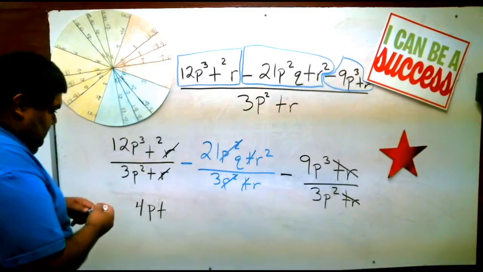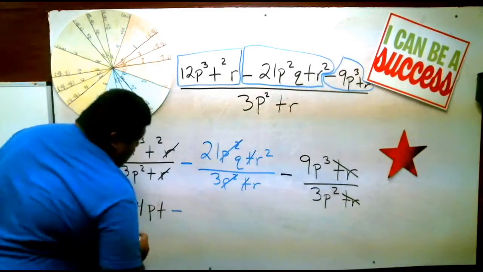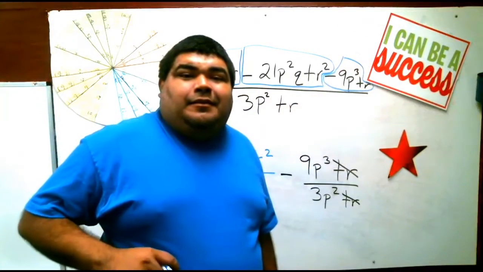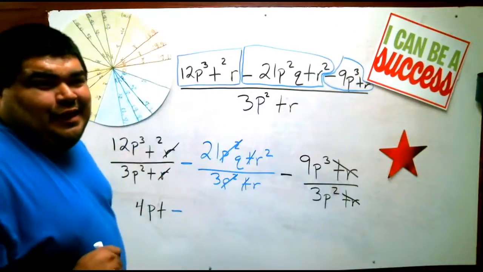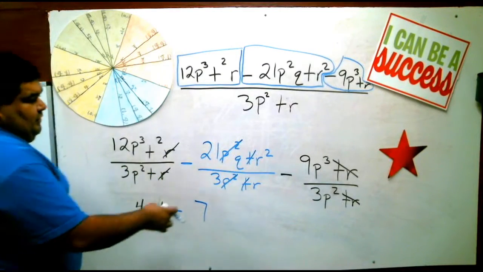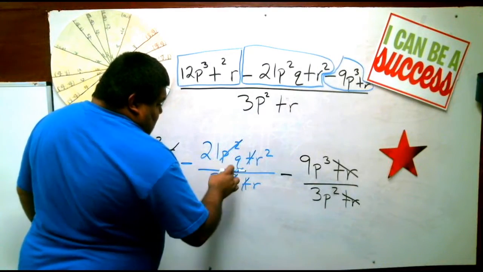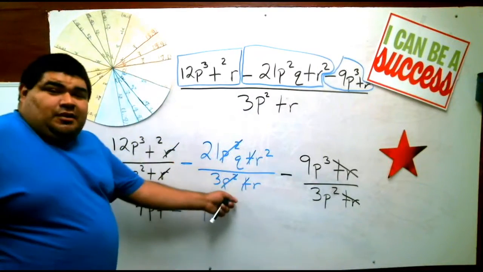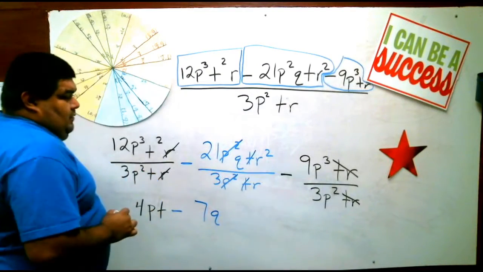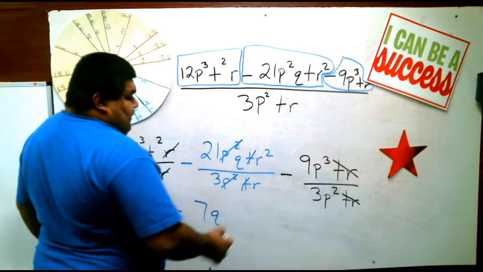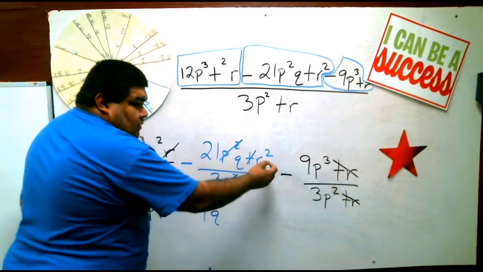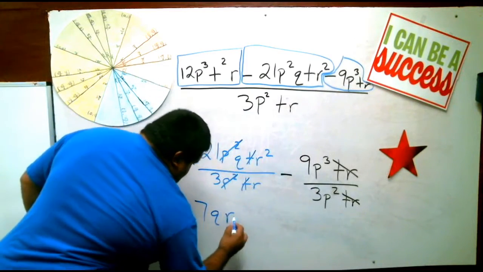Minus 3. Can 3 go into 21? Yes, it can. 7 times, right? So 7 times. Notice that we canceled out the p's. We have a q on top that there's not on the bottom, so we're just going to bring that q down. And then we have r squared minus r, which in this case is just r, because we subtract 1 r from the square.